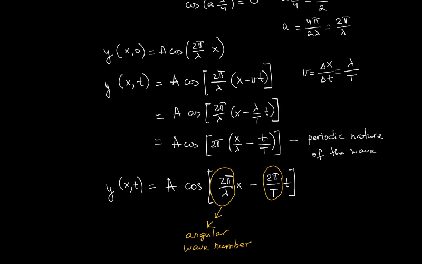The 2 pi over T is the angular frequency. We already know that from our previous studies in physics, and it equals 2 pi f.